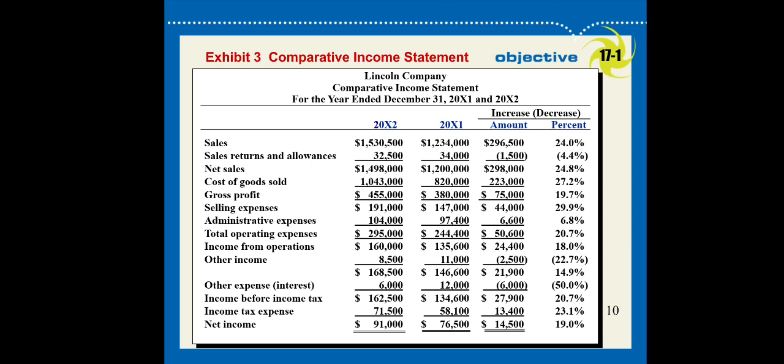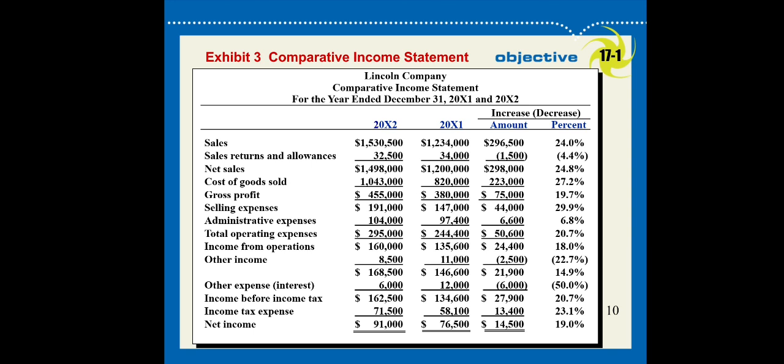So for every item you have to show that. For example, here the sales for year 2000x2, the current year, is 1,530,500. For 2000x1, the previous year, it is $1,234,000. So see in column number 4, the amount of increment in sales is 296,500, and the percentage of increment is 24%.